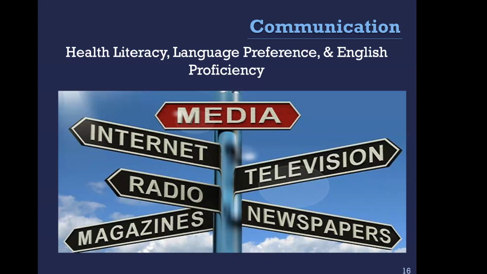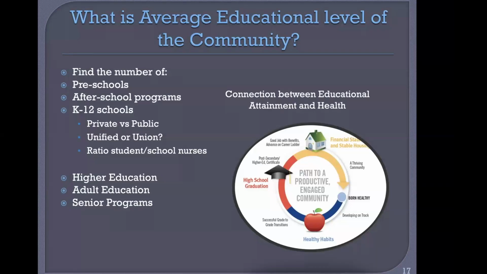What is the average educational level of the community? You can use Google Maps to find the number of schools and after-school programs. The ratio of students to nurses can be found at the Orange County Department of Education website. And much of the data on this slide you can find either at the California Department of Education or the Orange County Department of Education website.